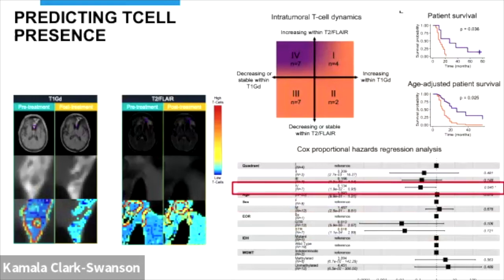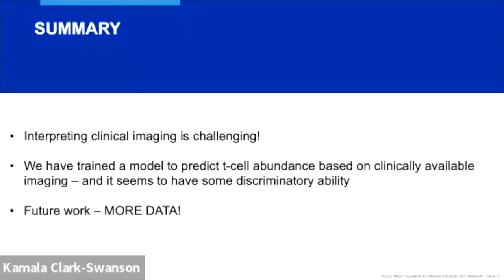Yeah, so in summary, interpreting clinical imaging is challenging. Just period. We have trained a model to predict T cell abundance based on the clinically available imaging, and it does seem to have some discriminatory ability. But the future work, always more data, right? So we trained this on 147 biopsies.